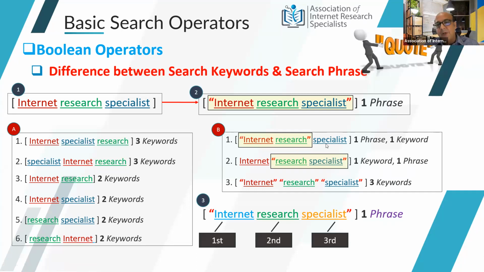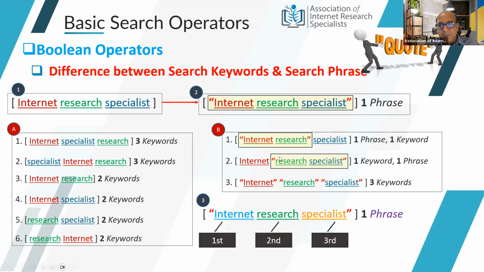So to give the search engine the ability to play with it a little and find the best match or something similar to the word specialist, just because it is not inside of the quotation, the search engine can do many things and not be forced to include specialist along with internet research. But it should be a word that can be found or better found if available with the wordings internet research in the content pages returned.